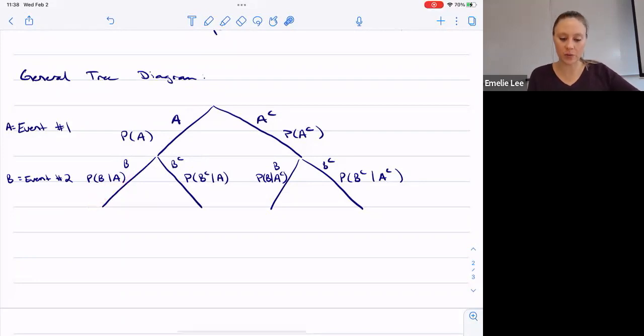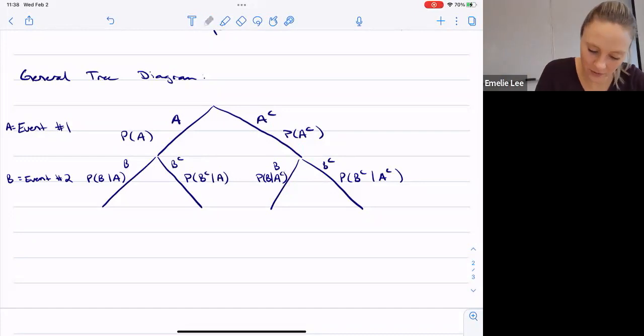So for all these branches, what we would do is we multiply down each of these branches. And I get lazy. I don't write out all these proper probabilities. Usually I just jot down what the probability is, and then I multiply down the branch, and that's the probability of A and B happening. And then the next branch is the probability of A and not B happening. And then the probability of not A and B happening, and then not A, not B happening.